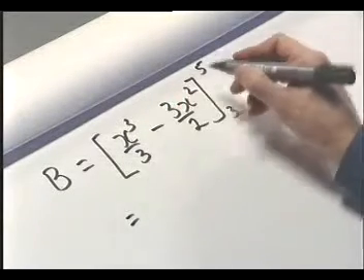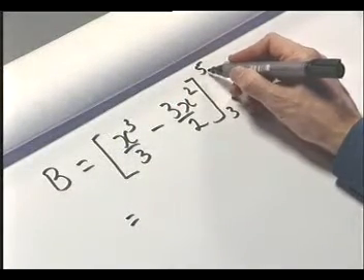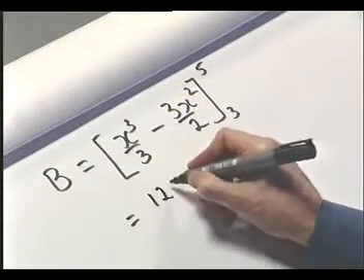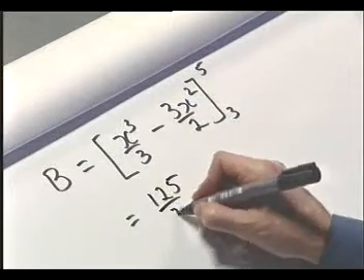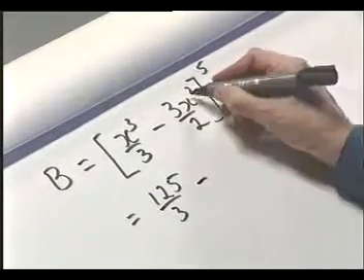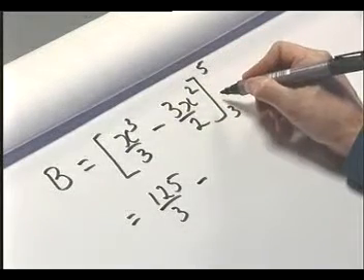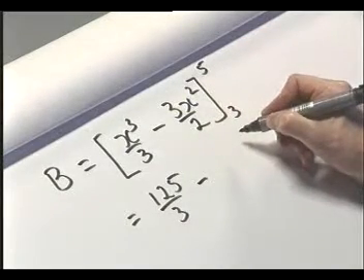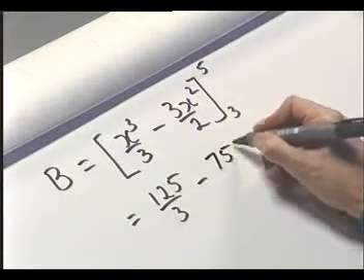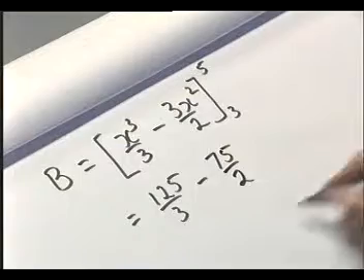x cubed, when x is equal to 5, is 5 multiplied by itself 3 times, and that's 125 over 3. Minus x squared, when x is 5, that's 5 times 5 is 25, 25 times 3 is 75 over 2.